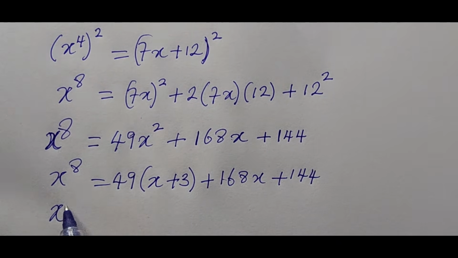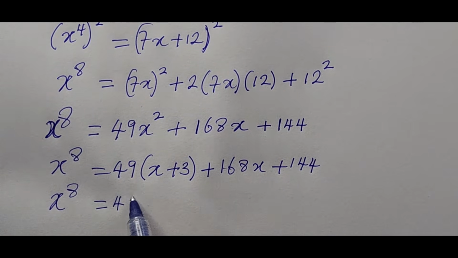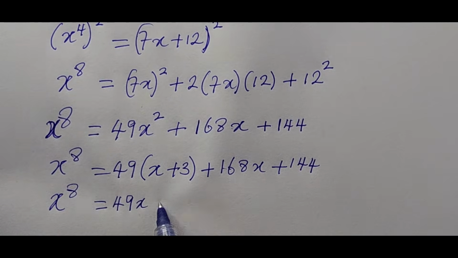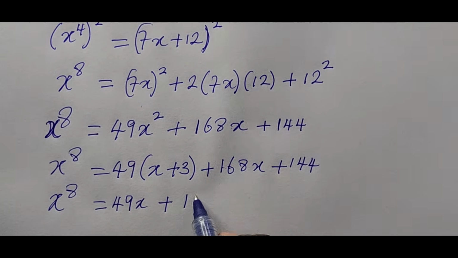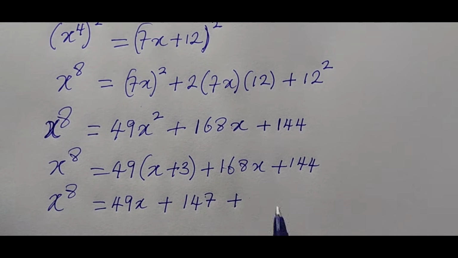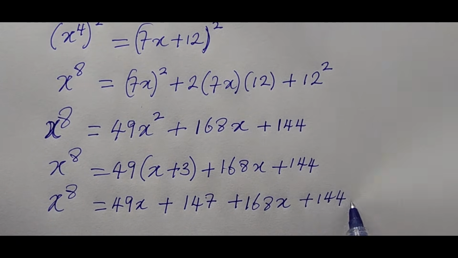So x to the power of 8 is equal to 49 times x, which gives us 49x, plus 49 multiplied by 3, which gives us 147, then plus 168x plus 144.